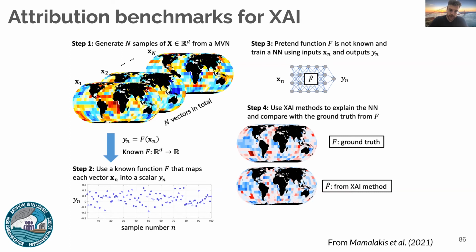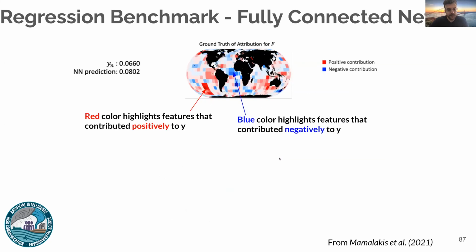In this way, we have something to compare the XAI to. We are not in the dark anymore. That's the big benefit of constructing a synthetic data set: we know the relationship between the input and the output. That's the whole idea. Let's go forward and see the example.